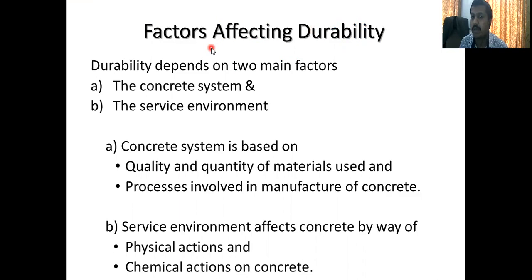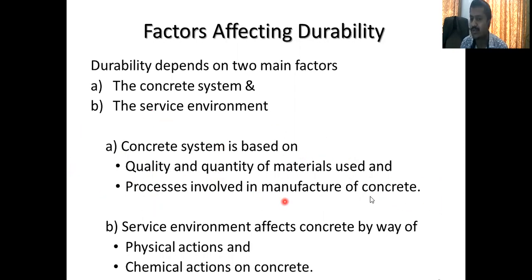Okay, so the durability mainly depends on two factors. First is the concrete itself, and the second one is the service environment, that is, the surrounding conditions. The concrete itself is totally based on the quality and quantity of the materials that are used, correct? And secondly, the process involved in the manufacturing of the concrete.